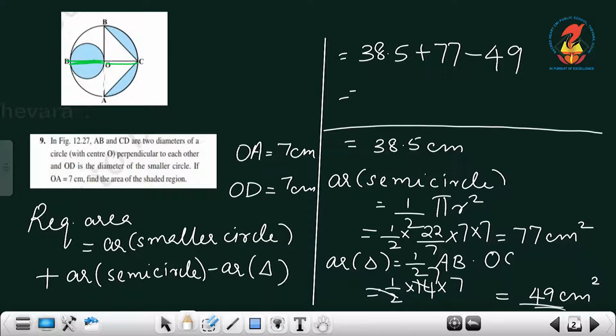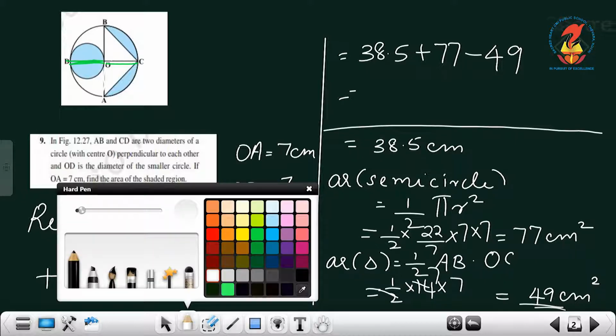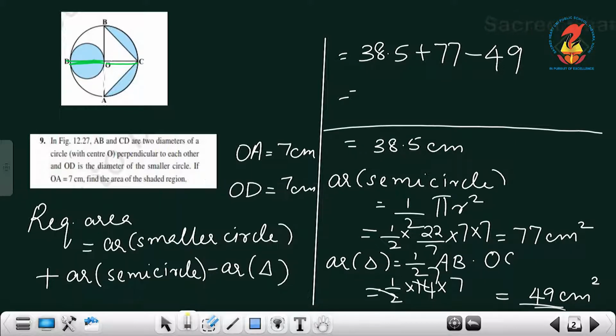So the area of the shaded portion is equal to area of the circle plus area of the semicircle minus area of the triangle. So we are getting this as 38.5 plus 77 minus 49, which you can find.